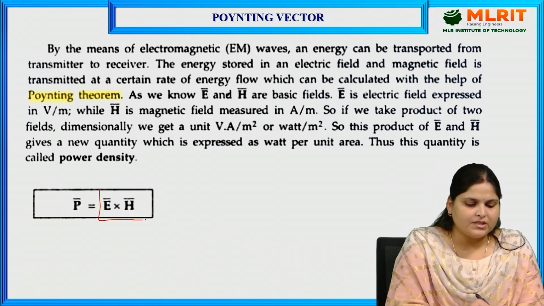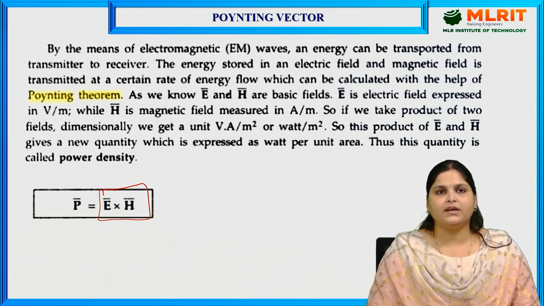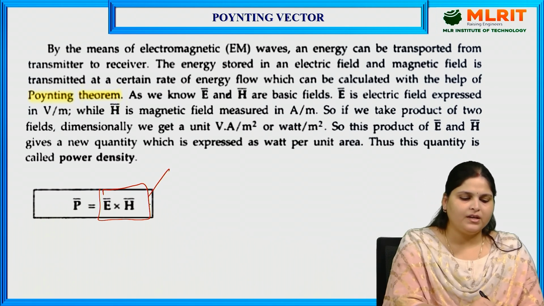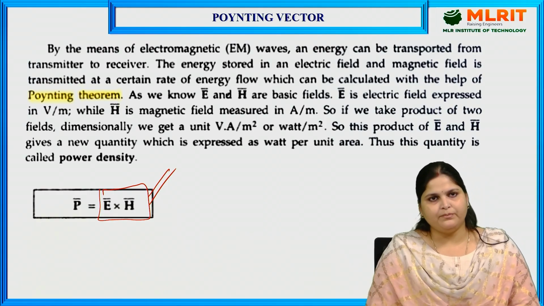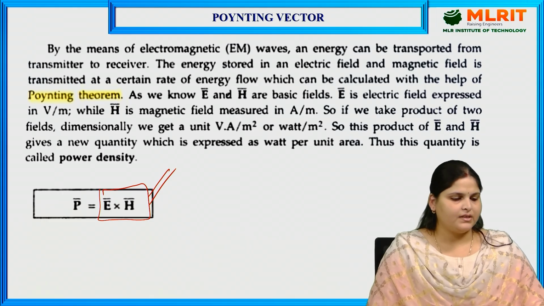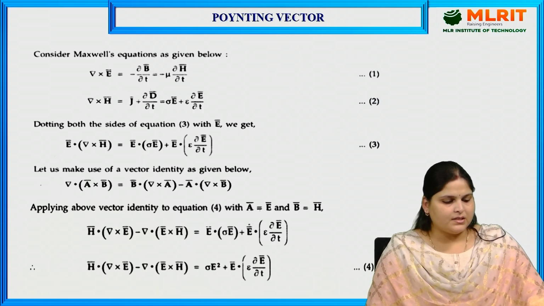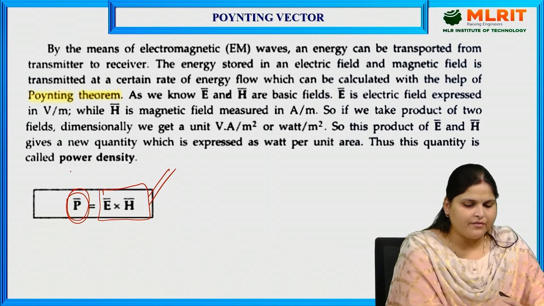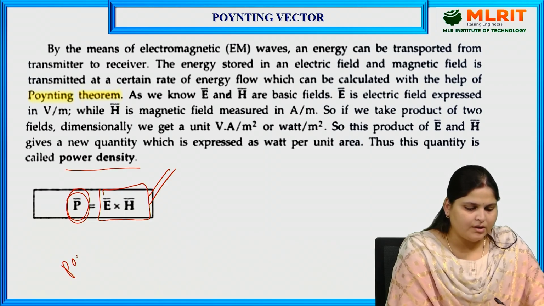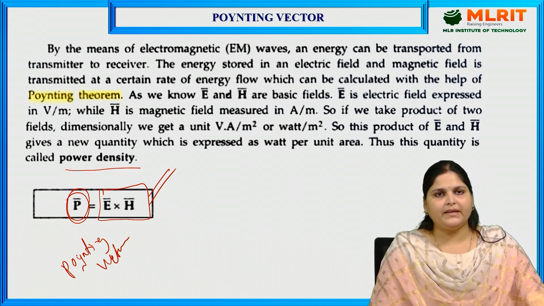So the cross product of E and H will give us a directional quantity, or we can call it a vector quantity. That is why the cross product is taken to find the power flow or the power density, right? Now this P, apart from power density, is also called Poynting vector, right? This is also called Poynting vector.